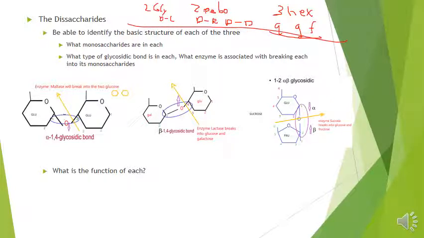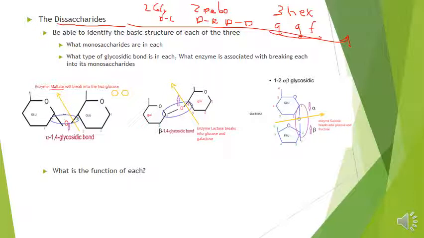So I have to know how to draw these, or at least how to recognize how they're drawn. All right, next thing is disaccharides. Disaccharides are where you have 2 of these monosaccharides linked together, and we're just going to talk about 3 of them here.